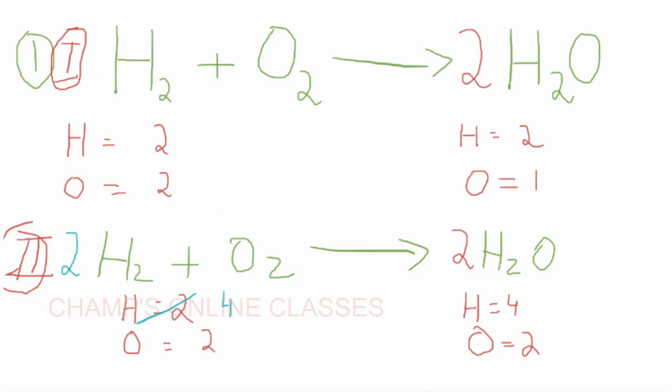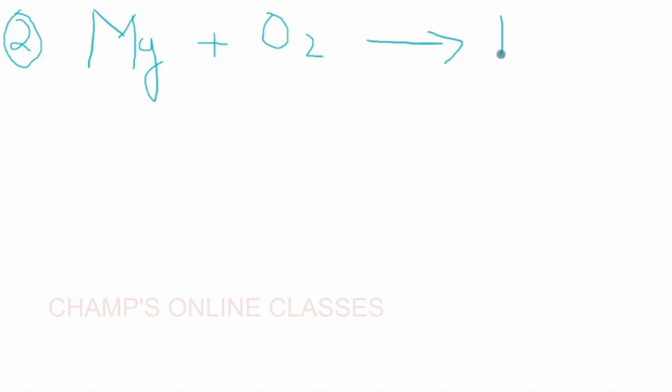Fine. Now again, an easy one. Magnesium reacting with oxygen to give us magnesium oxide. Let's start counting the number of atoms.